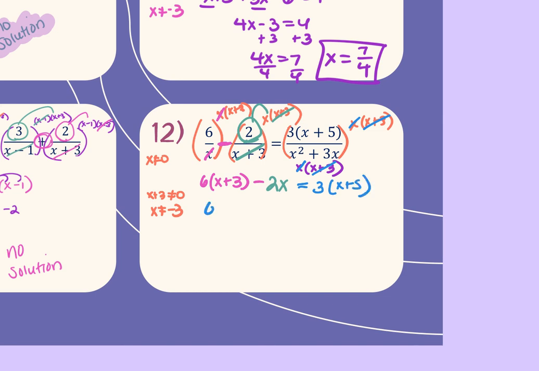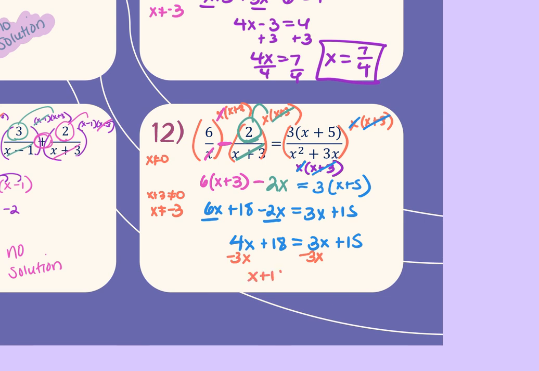Then I'm going to distribute, so 6x plus 18 minus 2x equals 3x plus 15. 6x minus 2x is 4x plus 18 equals 3x plus 15. Subtract the 3x. X plus 18 equals 15. Subtract the 18.